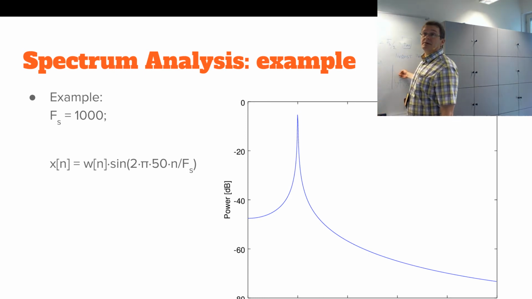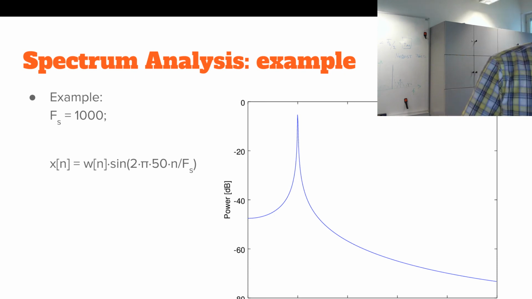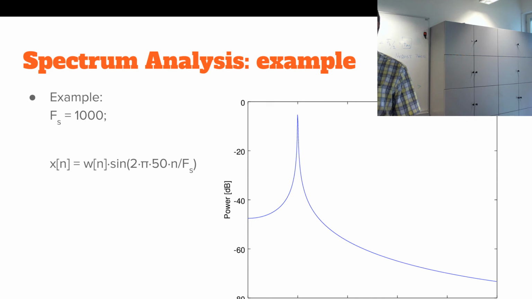This I already sort of showed. So this is an example where we have a sampling rate of 1000 samples per second, and then there is the sine wave sin(2 pi 50 hertz times n times Ts), and Ts was 1 over fs.